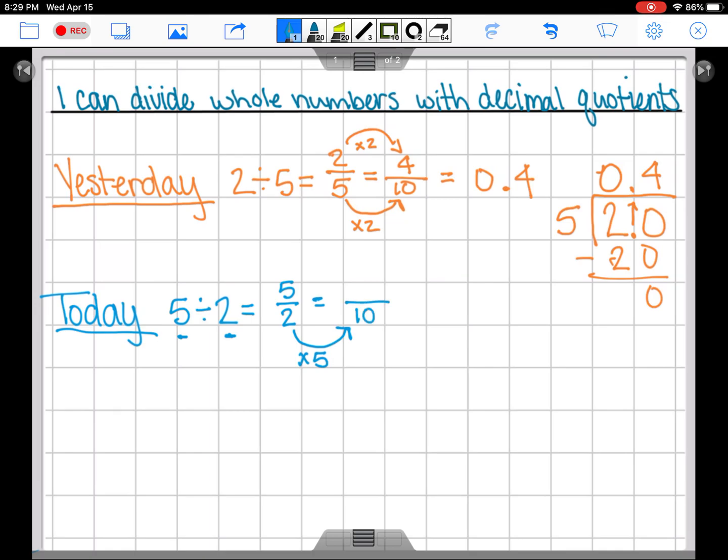So I know that 2 times 5 equals 10. And then I know I need to do the same thing to my numerator as I did to my denominator. 5 times 5 equals 25. Now this means 25/10. We know that's improper, and we know that what it means is we're going to have to regroup when we write this number. We know that we cannot write 25/10 with the decimal right here.